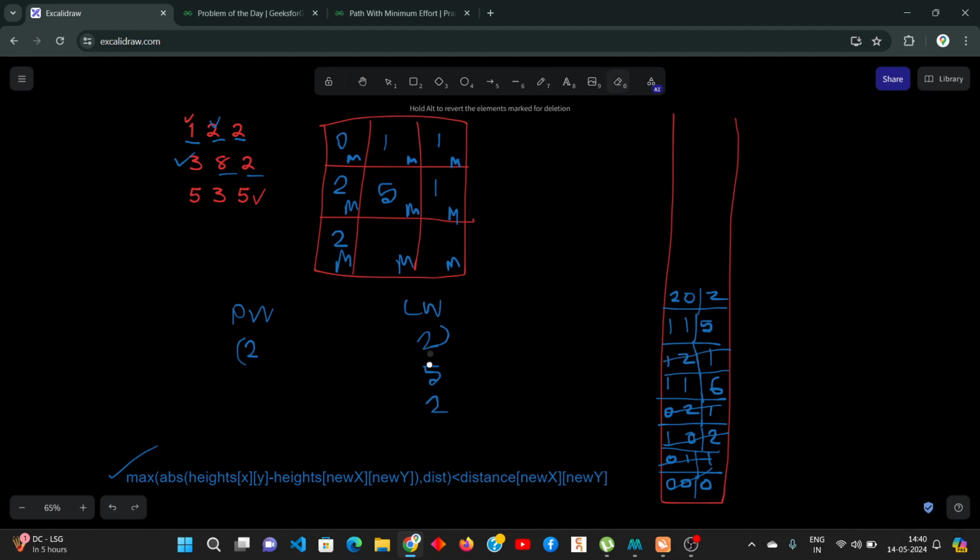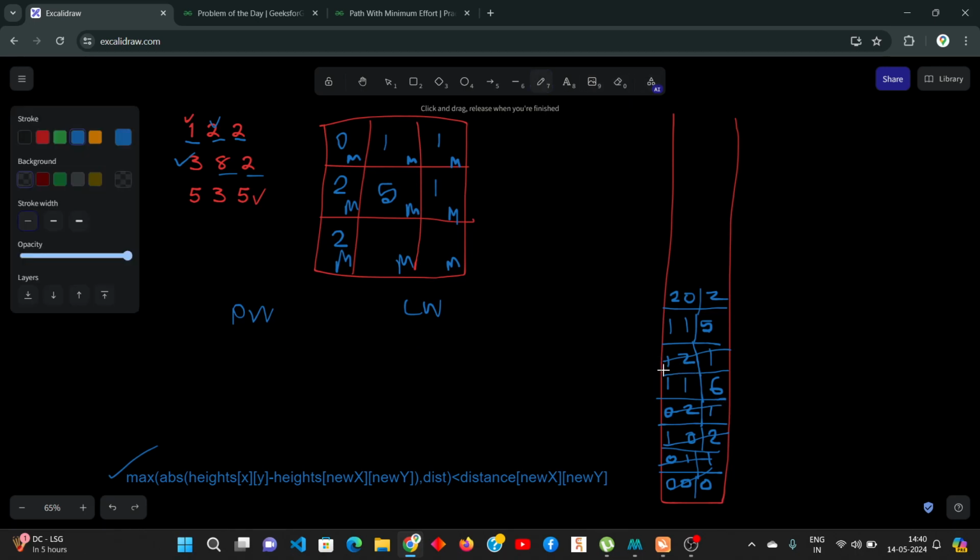Okay, fine. So we popped this one, right? So the position, that is 1 and 2, this one. Now we are at this 2. So what are the adjacent nodes? That is 2, 8, and 5. Let us write down here. What is the previous weight? That is 2. And what is the adjacent to it?